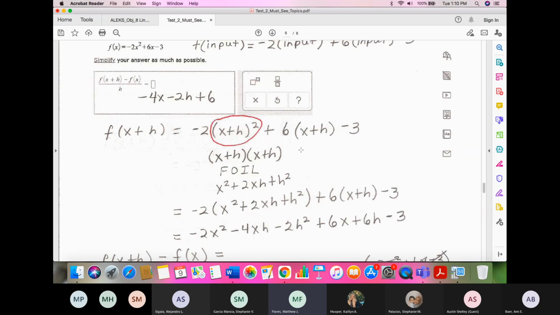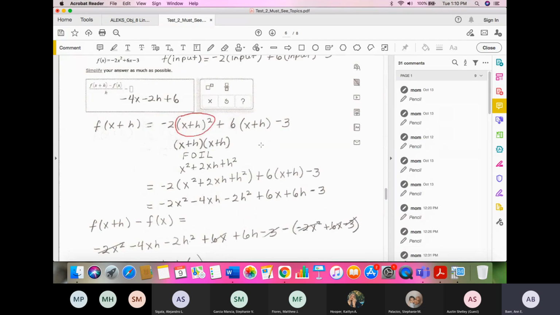Can you explain it? So do you understand what FOIL means, when you first, outer, inner, last? Yes. Okay, so let me just kind of mark this up a little bit. So the outer 2 here, that's these guys.